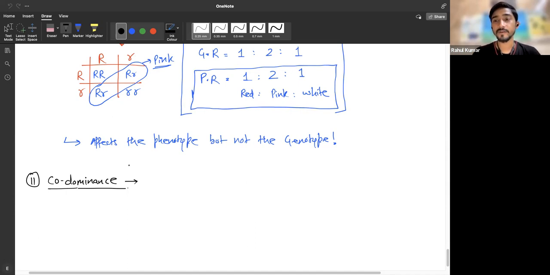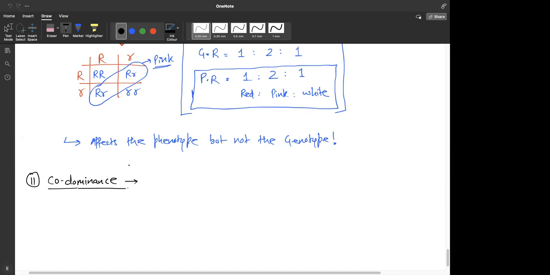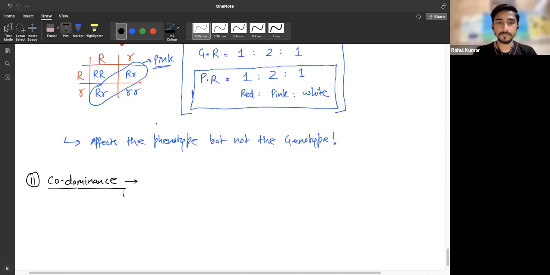No one is willing to blend, or no one is willing to give up. Both will express their proteins, fully and well. So they are together dominant. No one is recessive in a heterozygous condition. Yes, sir. And one example of this type of gene interaction is found in human blood groups.